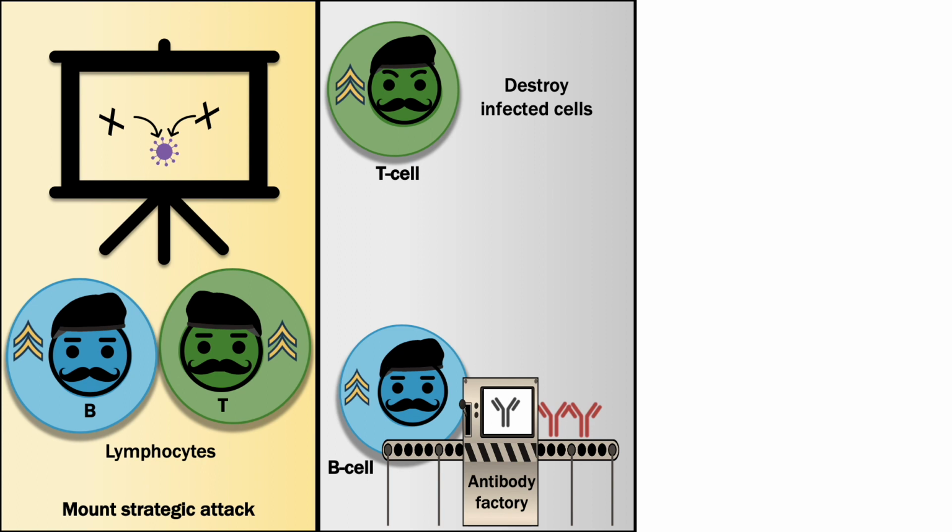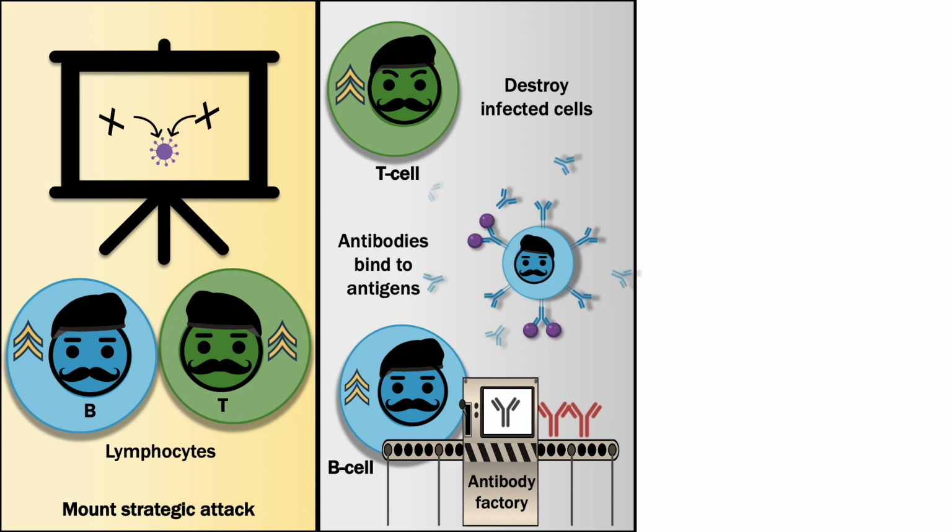Antigen and antibody sound similar, but antigens are proteins that are found on the pathogen, whereas antibodies are made by B cells to bind to these antigens to help get rid of the pathogens. B cells use antibodies as weapons and destroy the pathogen until the worst of the threat is quelled.